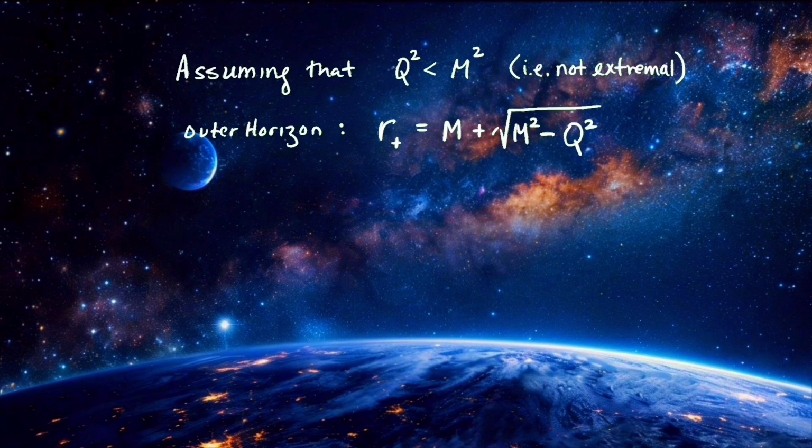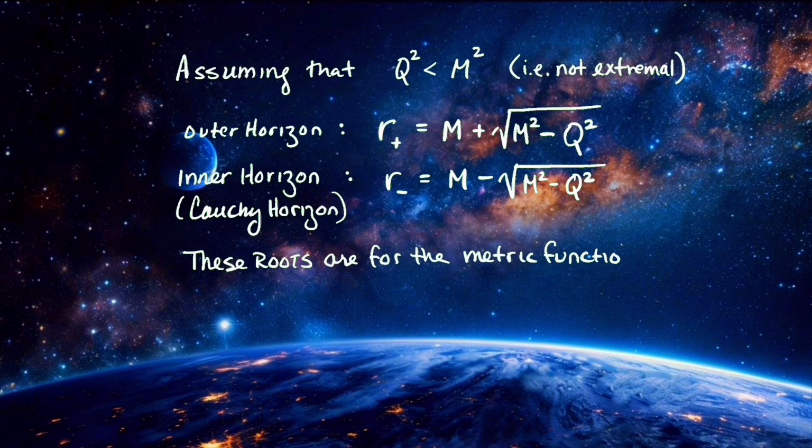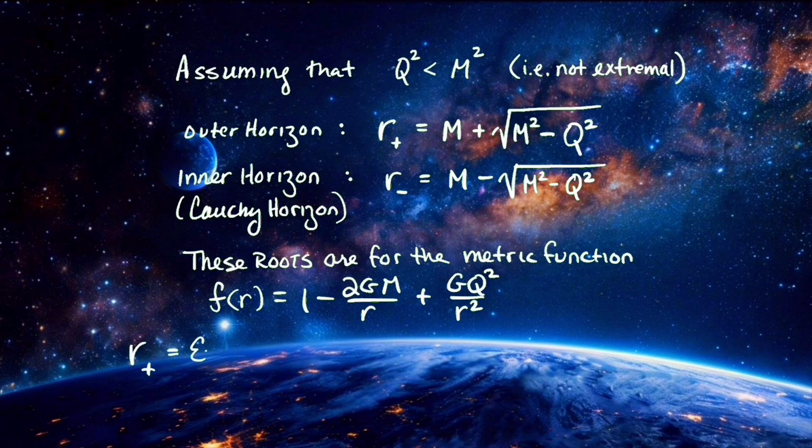Now, assuming that it is not an extremal case, the outer horizon is given by this term, where the inner horizon is given by this term, for solving the quadratic form. These roots are for the metric function f of r, a radial function, and you can see that it extends the radial function of the Schwarzschild metric.